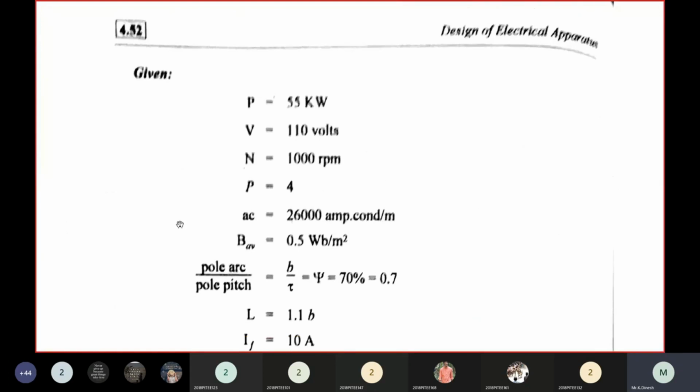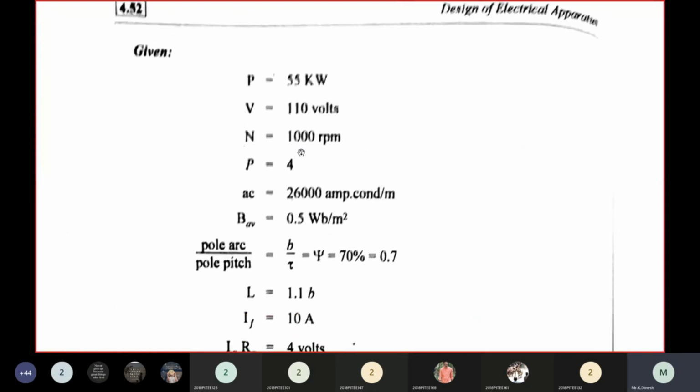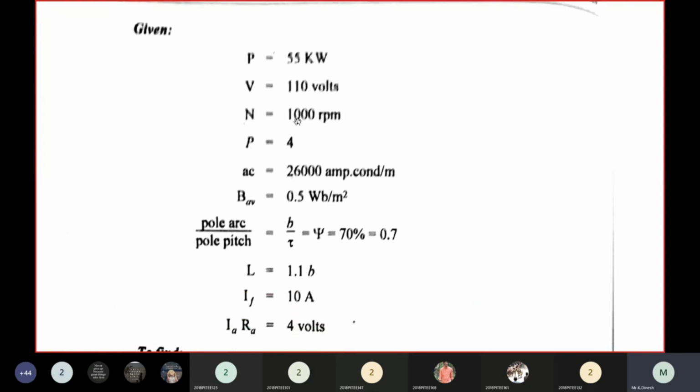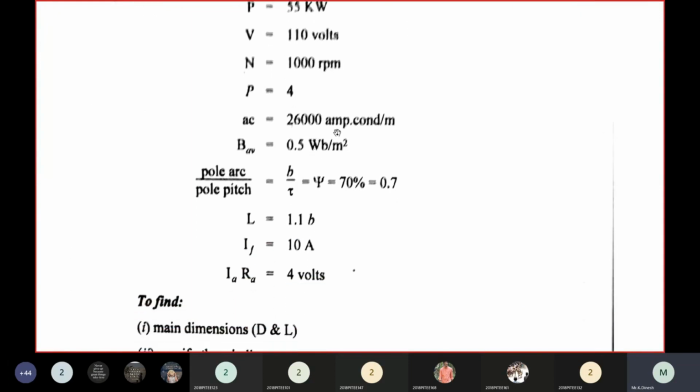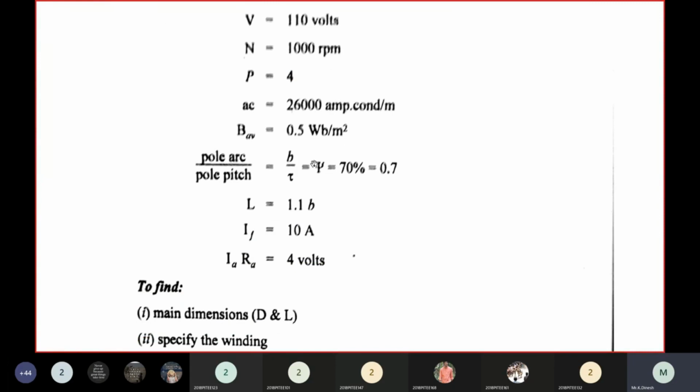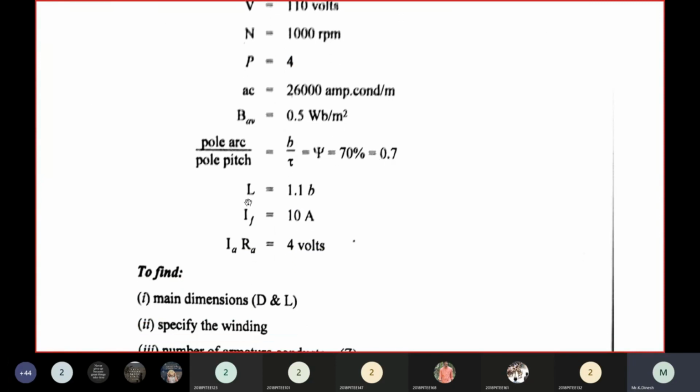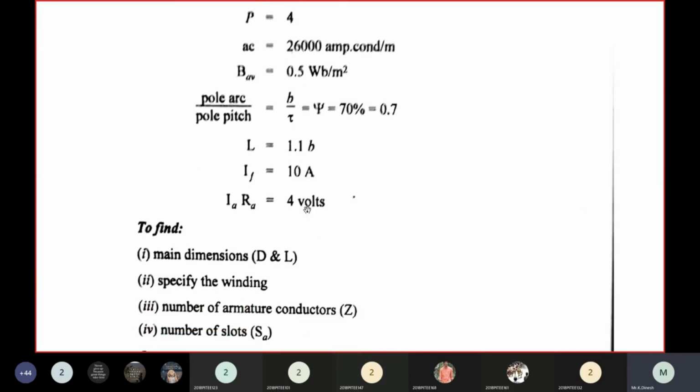So your power is 55, voltage is 110, speed is 1000, poles is 4, AC is 26,000, BAV is 0.5, pole arc to pole pitch ratio is 70%, so 0.7, and length equal to 1.1 times your pole arc. Field current is 10 amps, IaRa drop is 4 volts.